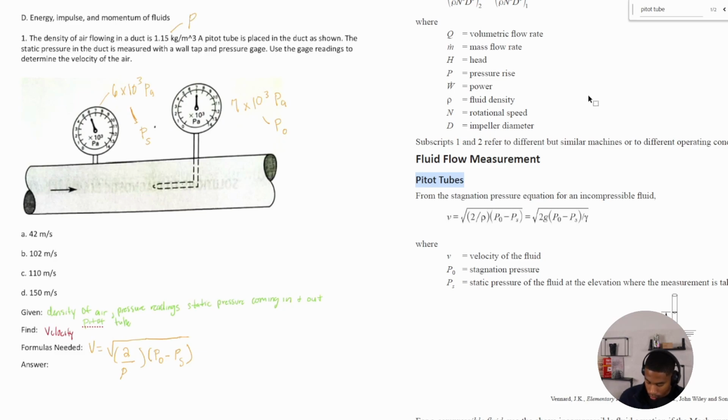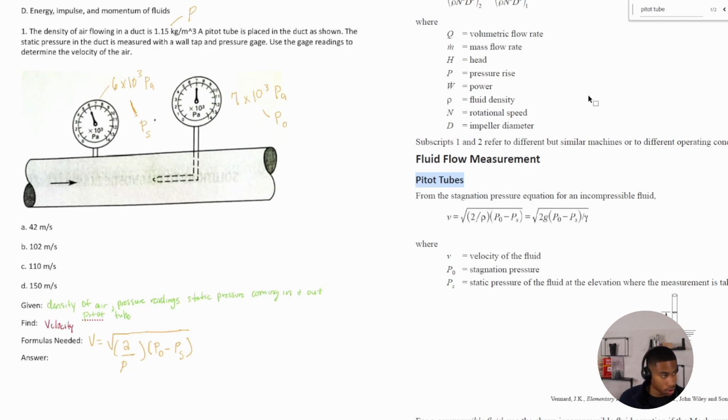All right. So when I solve this, I get the square root of 2 over 1.15 kg per m cubed, and then 7 times 10 to the third Pa minus 6 times 10 to the third Pa.